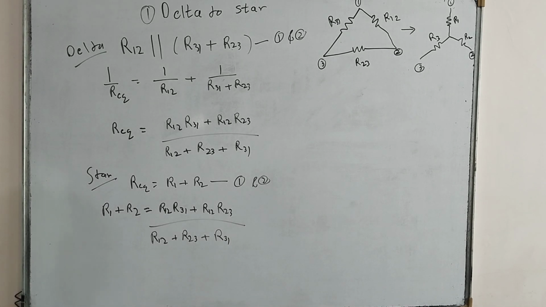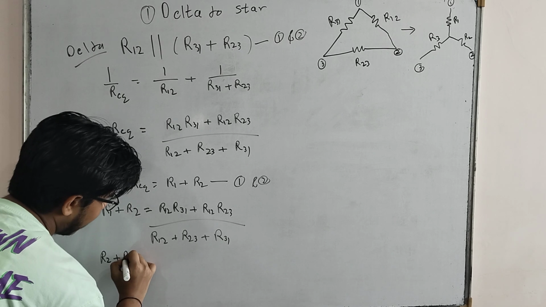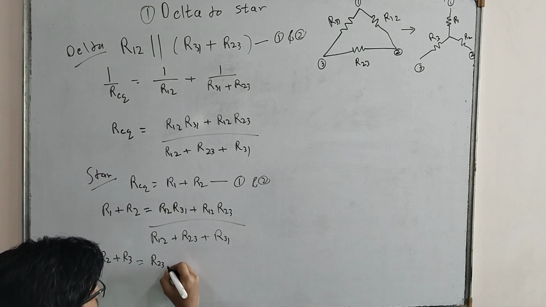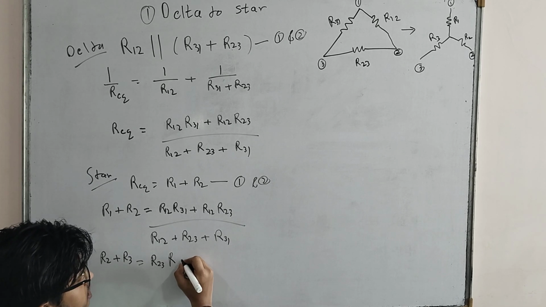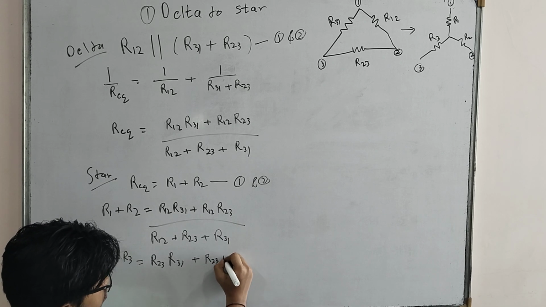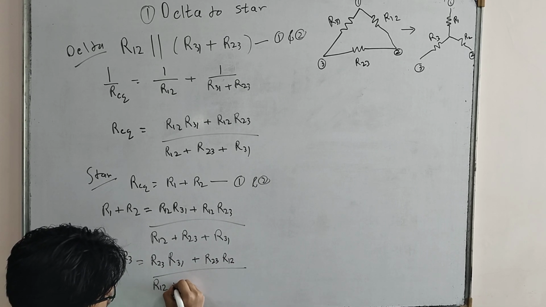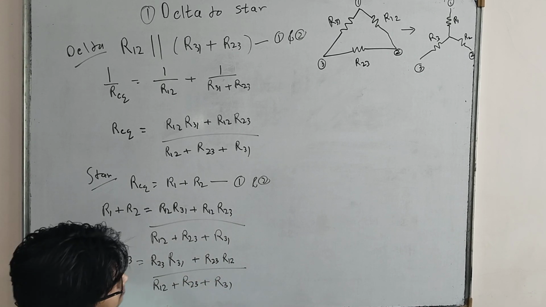Similarly, we can also write R2 plus R3 as R23 into R31 plus R23 into R12, whole divided by R12 plus R23 plus R31.